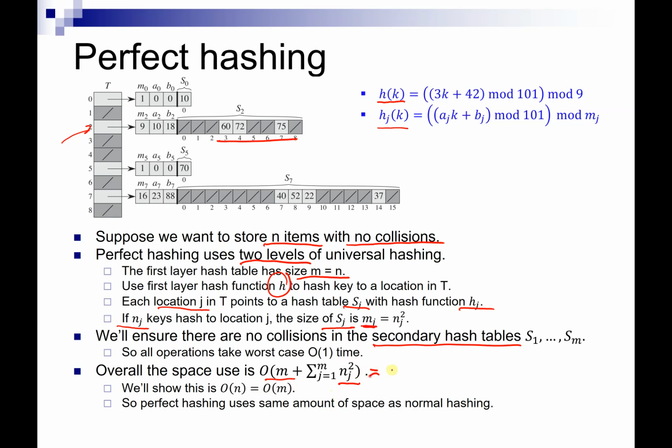Since you're storing n items, even using a normal hash table you would need order n space in order to have constant time operations. With a normal hash table, you could have some collisions, so some operations can take more than constant time. But with this perfect hashing, we're going to get constant time operations for all the keys, and use the same amount of space as normal hashing.